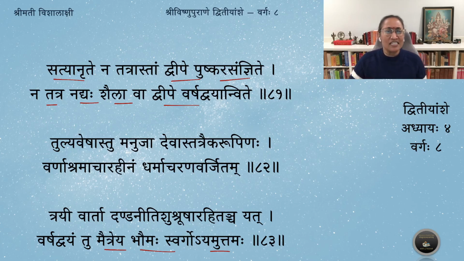There is no necessity for Chanakya Niti or anything of that sort. Shishrusha rahitam cha. Nobody needs to serve another person for something. So they just live anayasena. So trayi varta dandaniti shishrusha rahitam cha yat varshadvayantu maitreya bhaumaha swargoyam uttamaha.